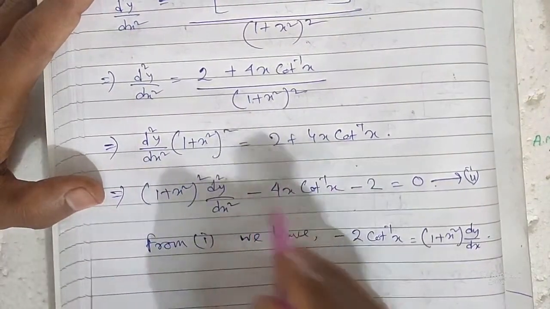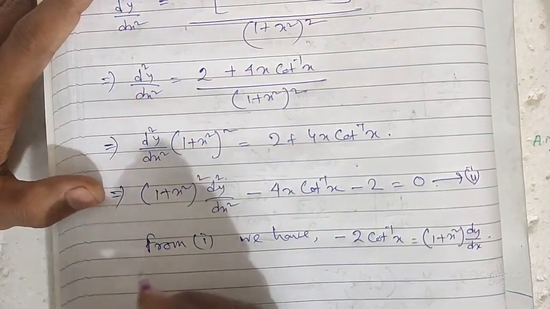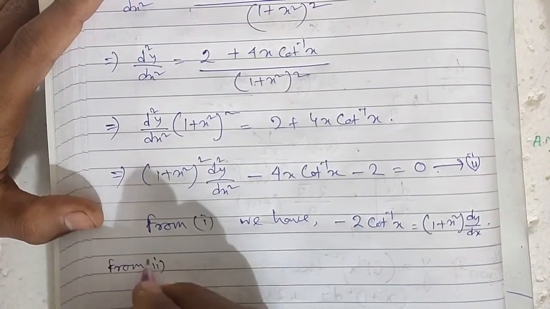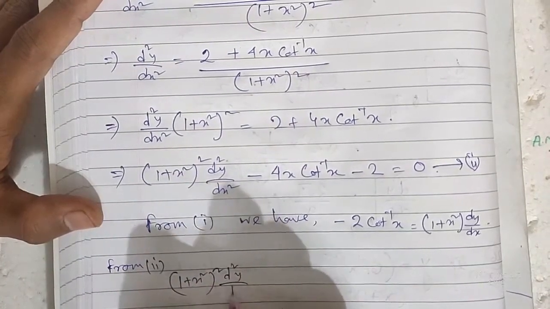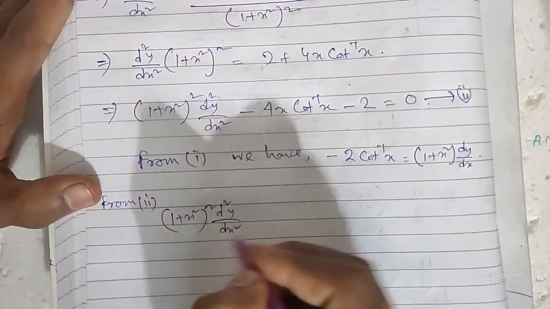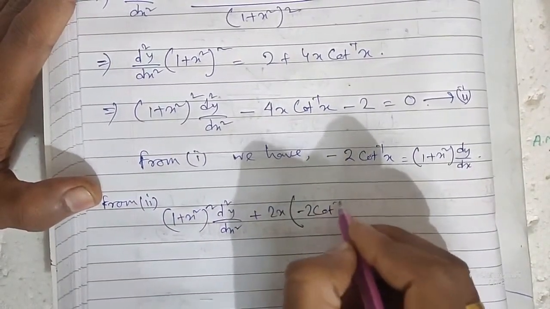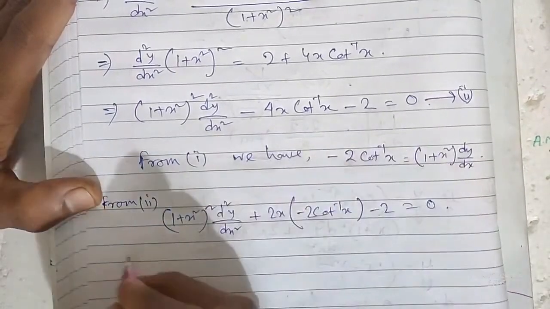So what will be left here? Only 2x will be left here, plus 2x. Therefore from 2, 1 plus x square whole square d2y by dx2 plus 2x into minus 2 cot inverse x minus 2 equals 0.